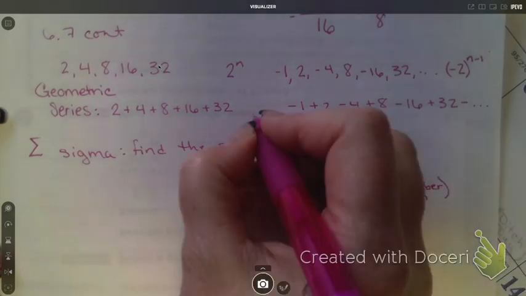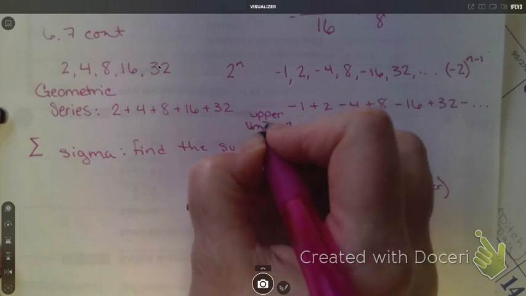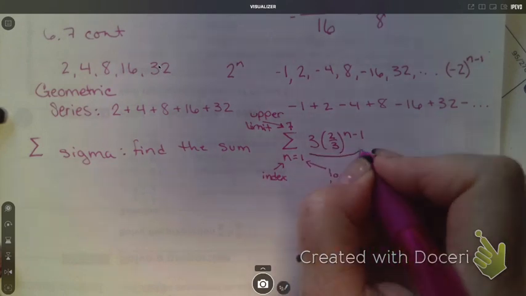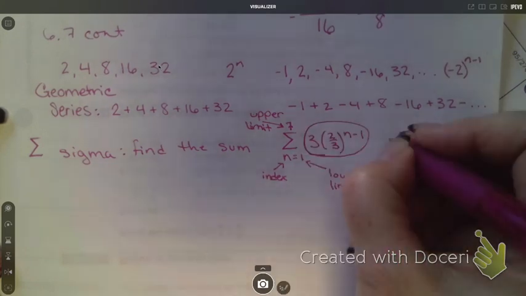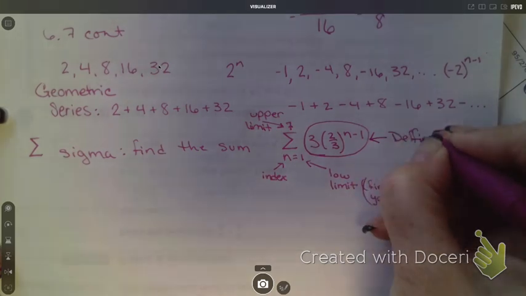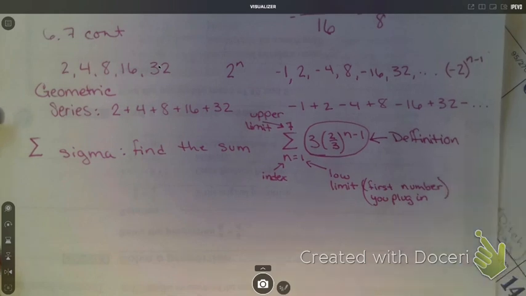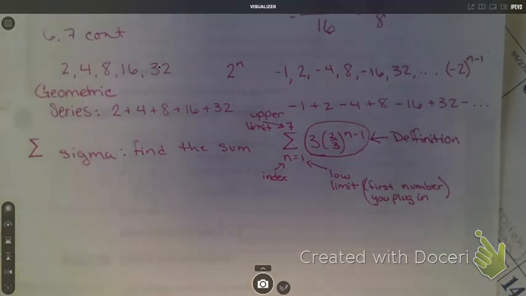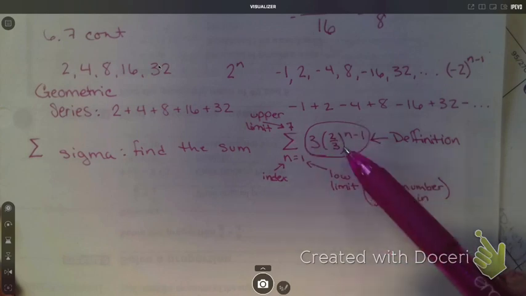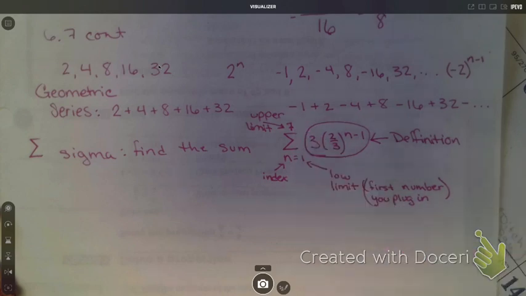The upper limit. And this right here is the definition, which you could also call an equation, right? So what this says is I want the sum of this equation from plugging in 1 to what? 7. And you don't skip numbers.